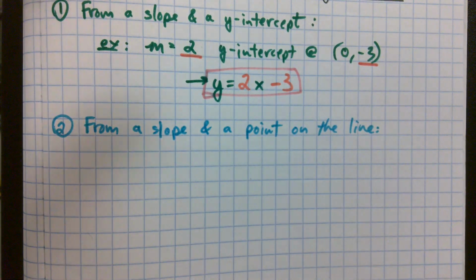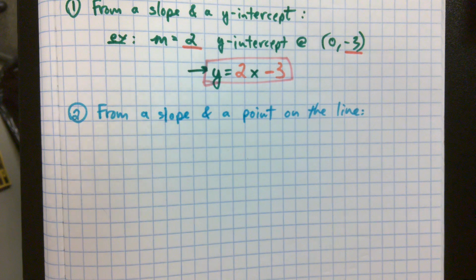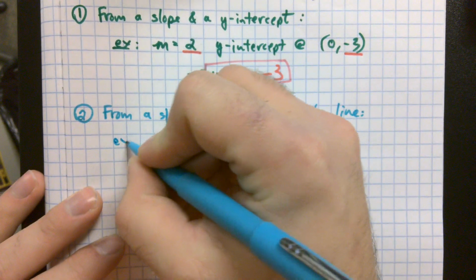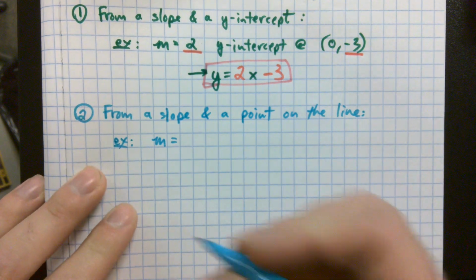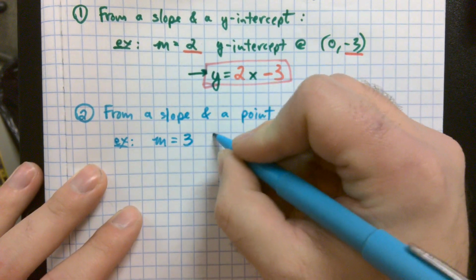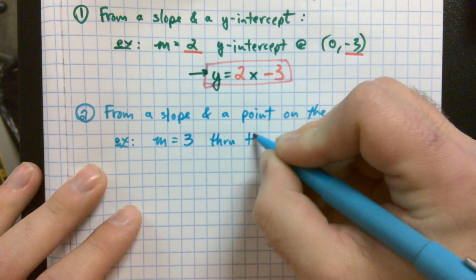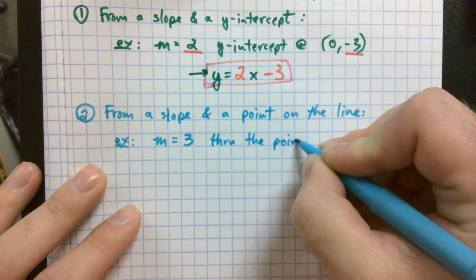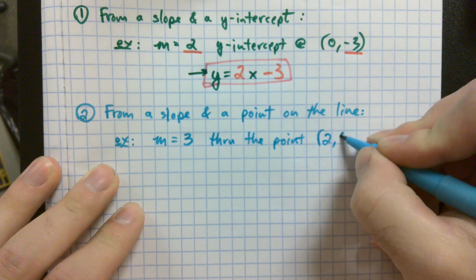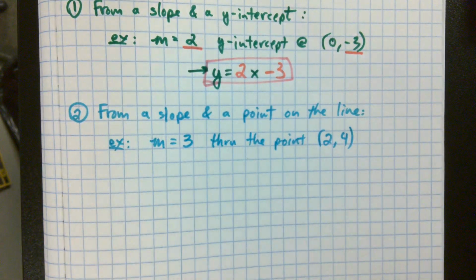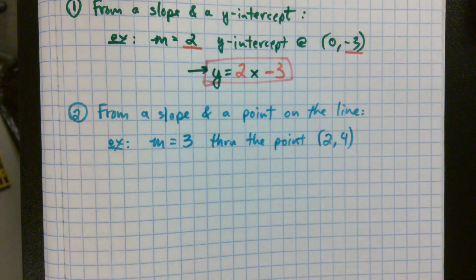From a slope and a point on the line. So let's say we've got m is equal to 3, and we're going through the point (2, 4).